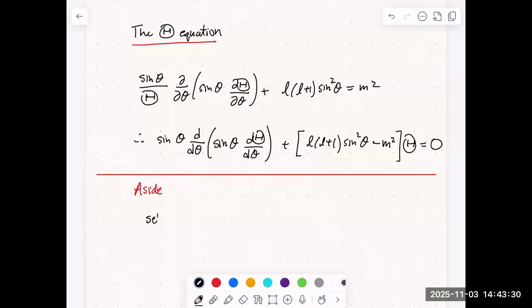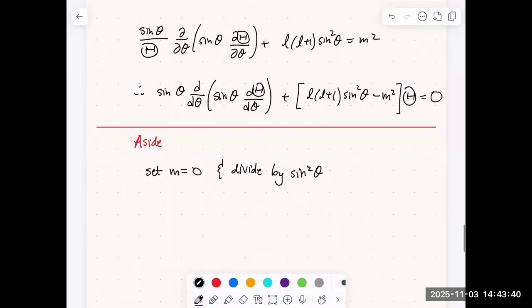We're going to set m equal to 0, and I'm going to divide by sine squared theta. Okay, so m equals 0, so we're going to ignore this. This little aside is not the differential equation that we need to solve, but we're going to get to a related one, which is useful to see.